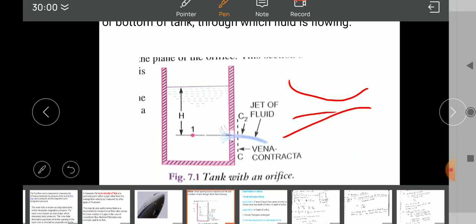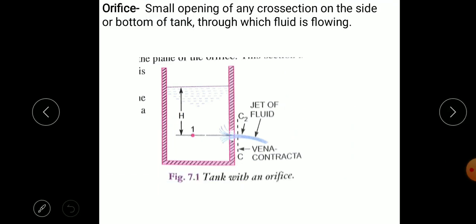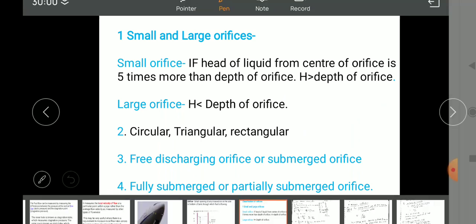Now we consider different types of orifices.